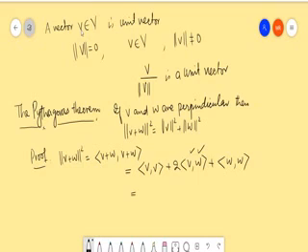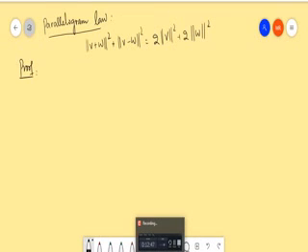So it becomes the scalar product of V with V, which is the norm of V squared, and the scalar product of W with W provides us the square of the norm of W.